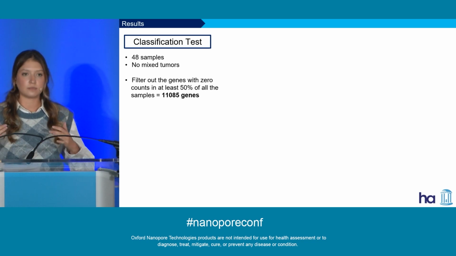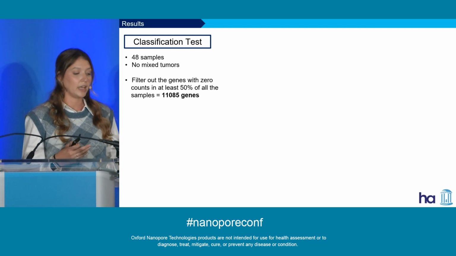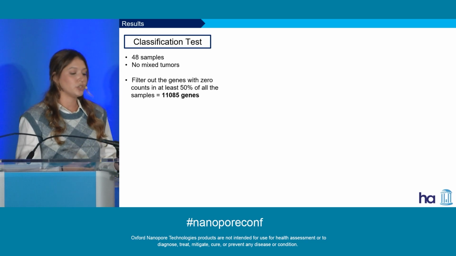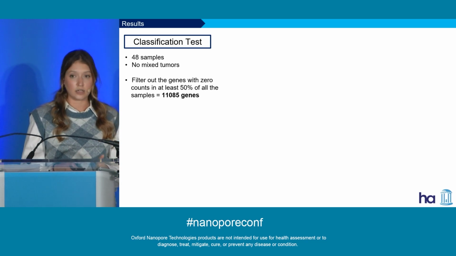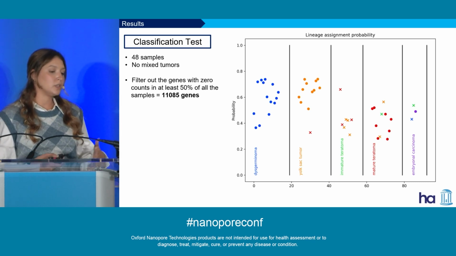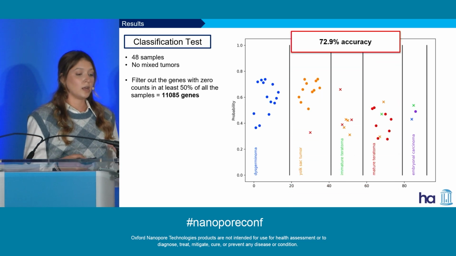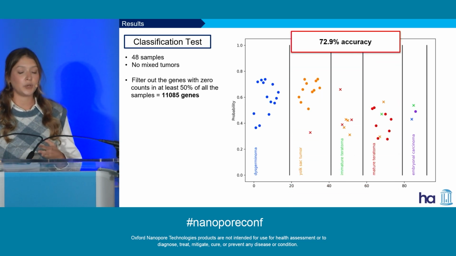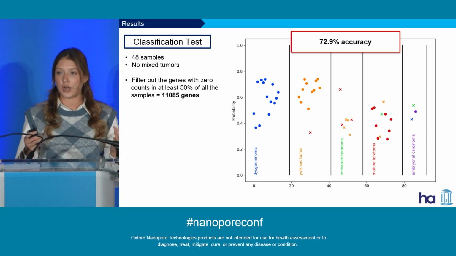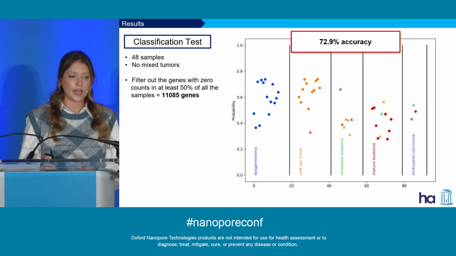So we tried some cutoffs, and the one that got us the best results had 50% of the non-zero counts excluded, which got us around 11,000 genes. And this was our first attempt at classifying them. We got 72.9% accuracy, but here I'm not referring to accuracy at any threshold. I'm just considering whether the sample got correctly classified or incorrectly.